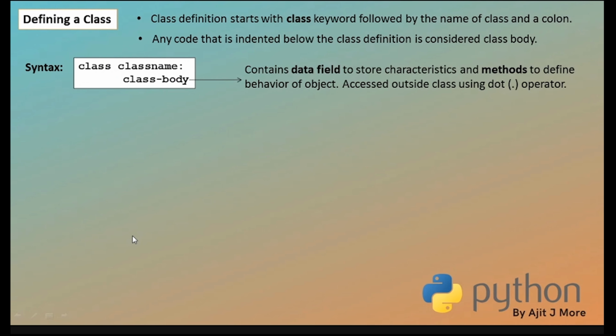So what I said, every class body will contain data fields, which show the characteristic of your object, and it will contain methods. And method means only the behavior. Methods are going to contain logic, algorithm, in which that data is going to get manipulated or accessed.